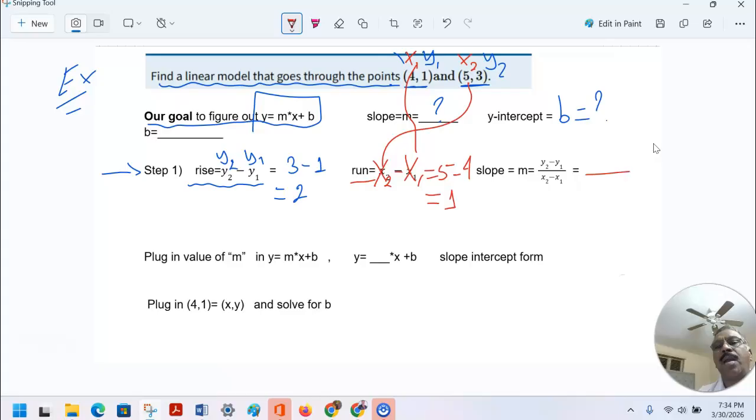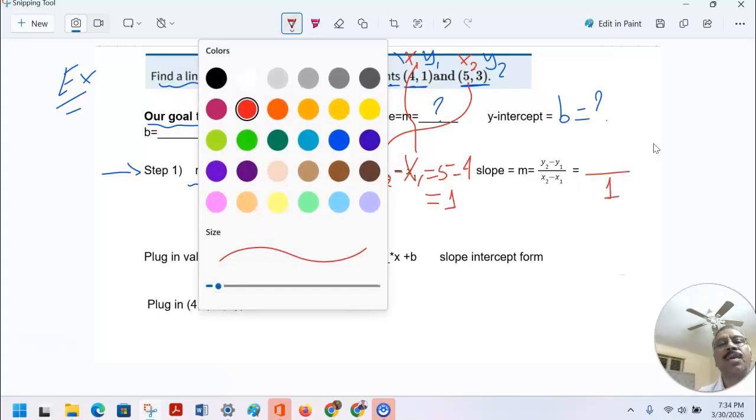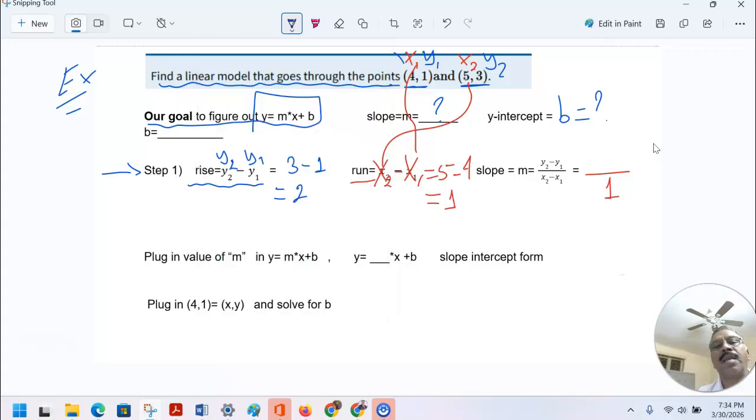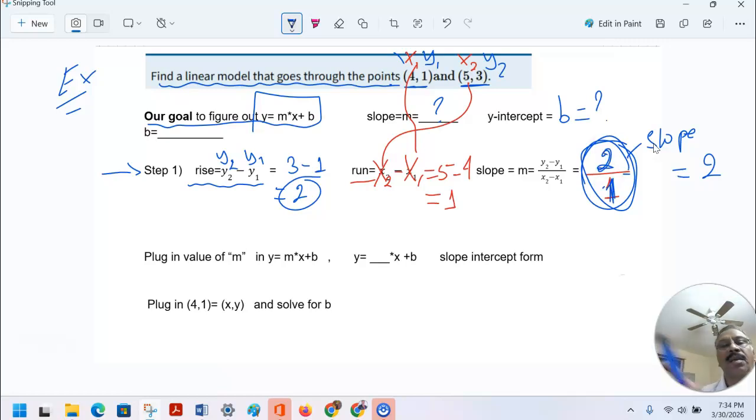So the red one is 1, the run, and the blue is 2. So this is the slope. Even though we call it 2, I like to write 2 over 1. For every 1 increase of x, the y increases by 2.